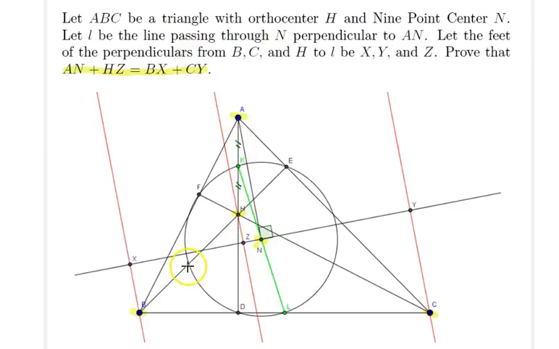In a similar way, H to this point is equal to this point to B. And in a similar way, that point would be the midpoint of HC. But the very important point is that K is actually the midpoint of AH. So let me write that down. AK is equal to KH. So that was my first observation.